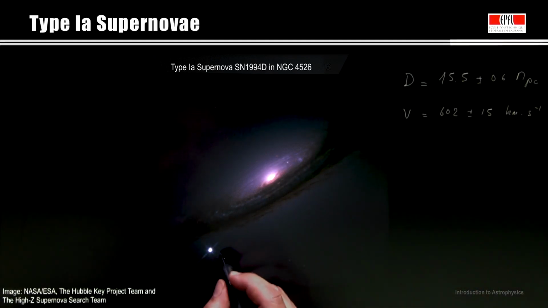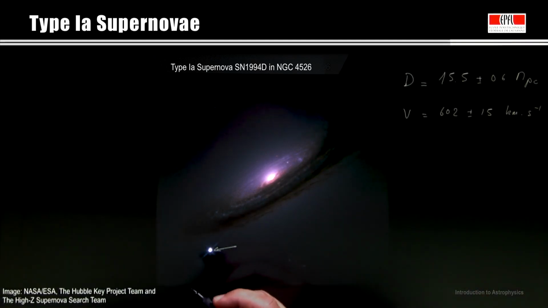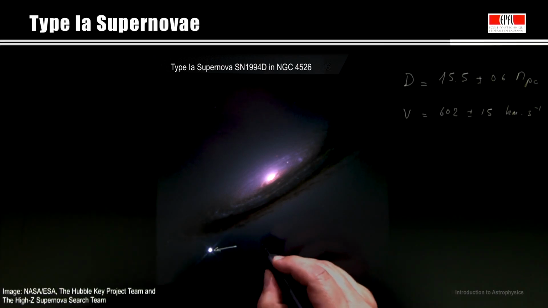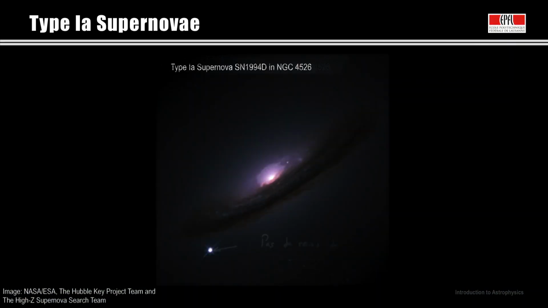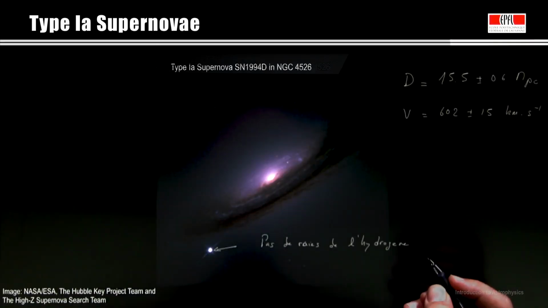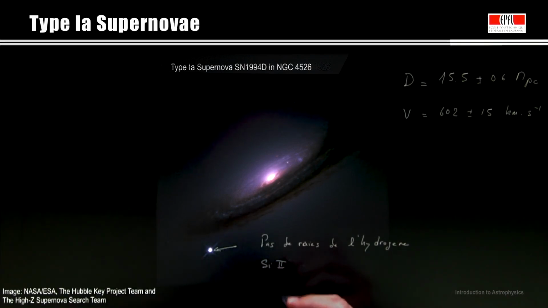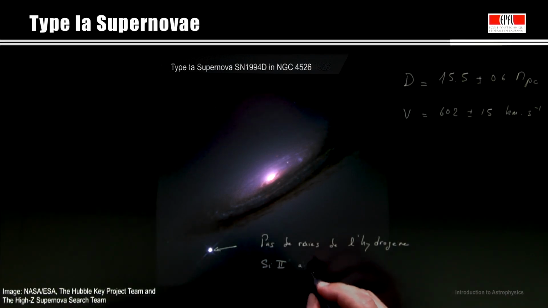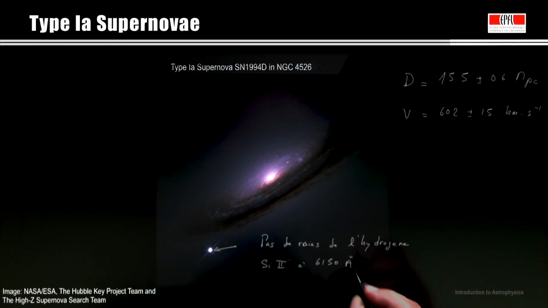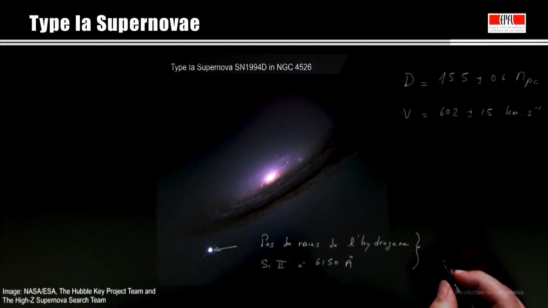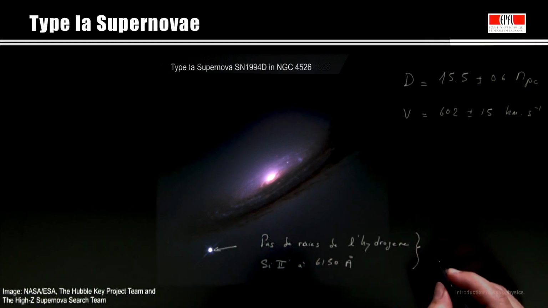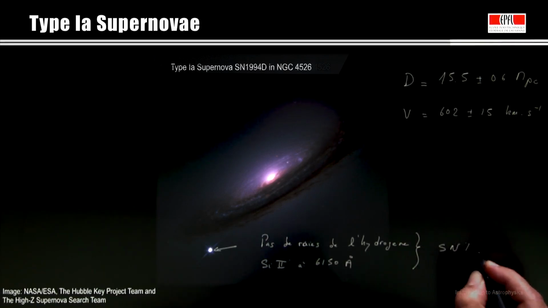And if we take a spectrum of that supernova, we will find that there is no hydrogen line. Instead, we will have silicon 2, i.e. silicon ionized once, that can be found at the wavelength 6,150 angstroms. It's these two characteristics that are the spectral signatures of type 1a supernovae.